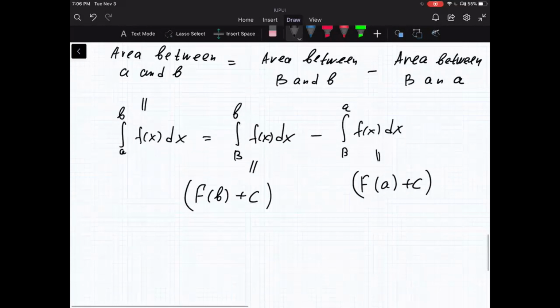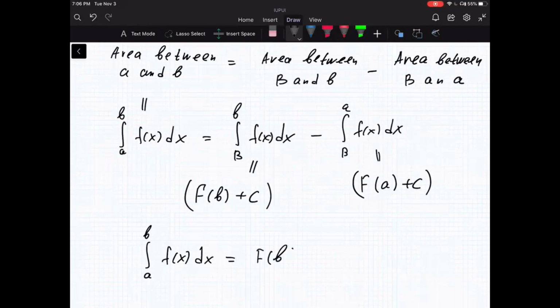But the constant is the same, and so I get that the integral from A to B of f of x dx is the difference of two values of the antiderivative: antiderivative at point B minus antiderivative at point A. And the constant c was cancelled.